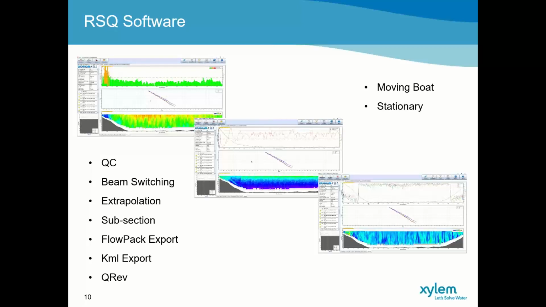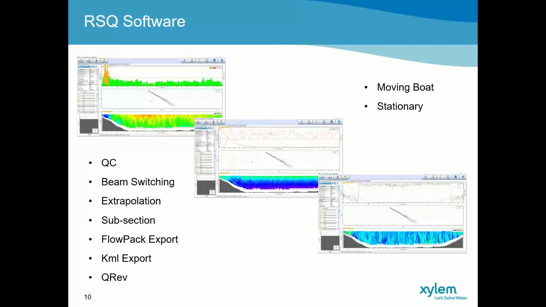Obviously, this will only work if you have GNSS data collected as a reference. And then one of the key important things that we ensured is that the RS5 RSQ data itself is able to be processed by QREVISE for detailed review.